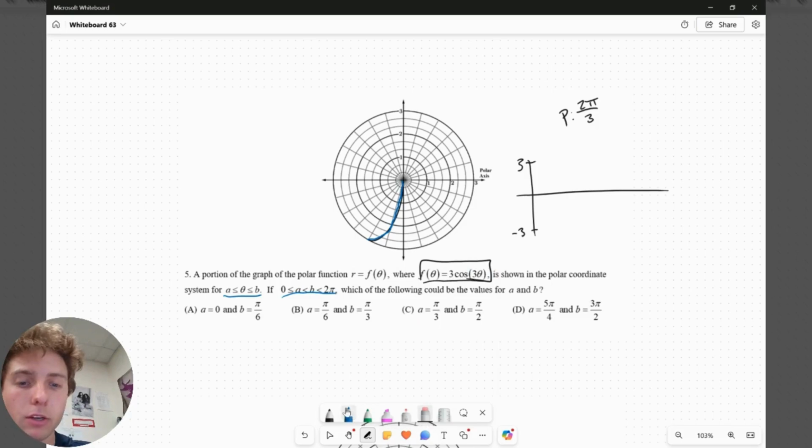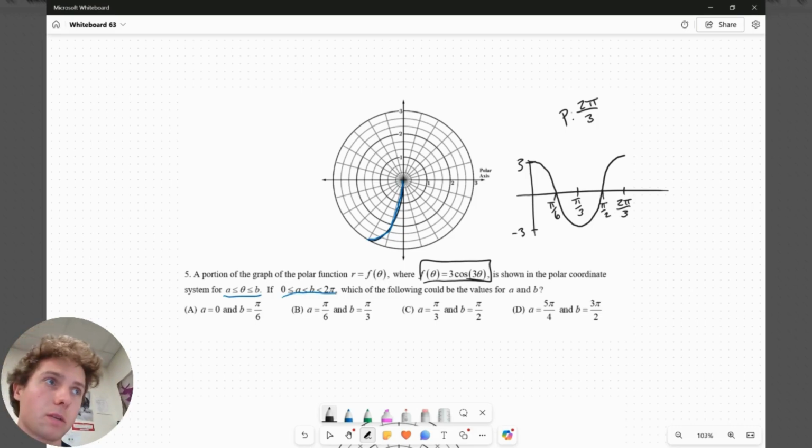So then from there, you can create your graph. It's cosine, so we know it would look something like this. You could start to find the different values on your x-axis. Cut it in half, that's pi thirds. Cut that in half, it's pi sixths. Pi sixths, 2 pi sixths, 3 pi sixths, which is the same thing as pi halves.